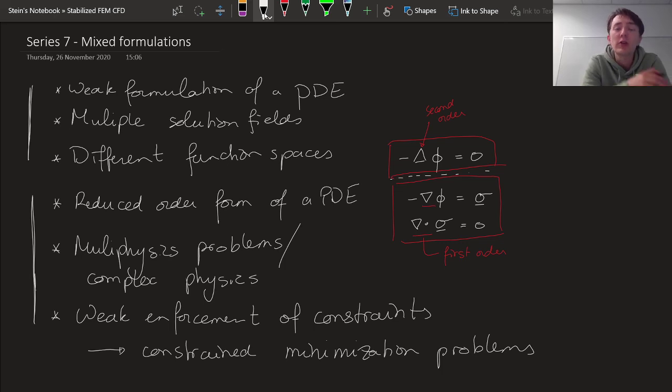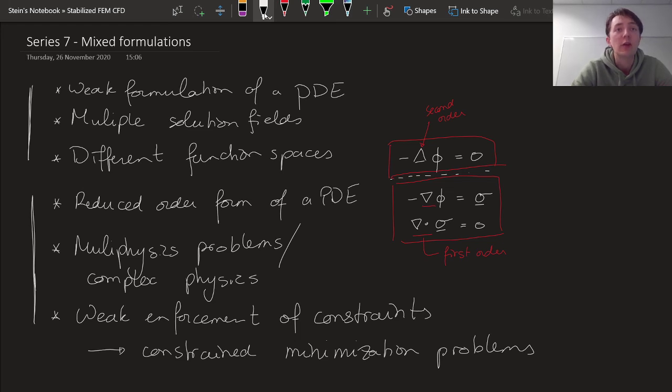And if we try to enforce that constraint not strongly, and strongly would mean to set the condition directly on the function space, but rather we would want to do that weakly, then we introduce a new set of equations that try to enforce the constraint. A new set of equations also means that we have a new variable.